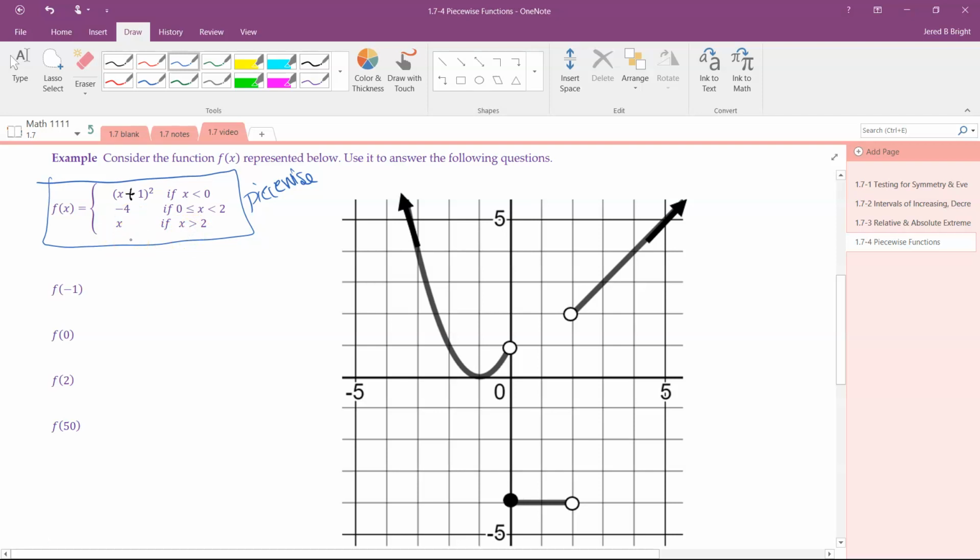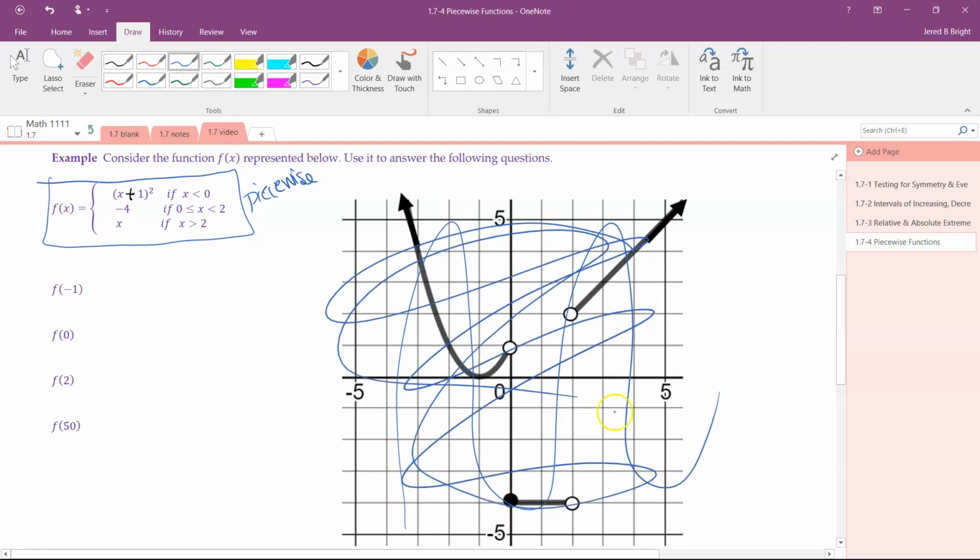Now let's imagine for a minute that I didn't have the graph. I'm going to just scribble that out. How would I answer these questions? Well, f of -1. I can still use a graph and say it's going to be 0, but let's see if we can verify it algebraically. I need to use -1.